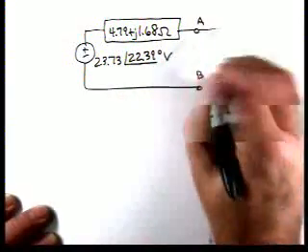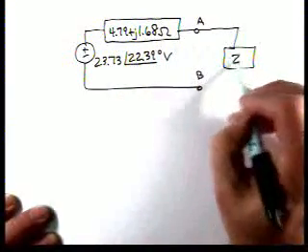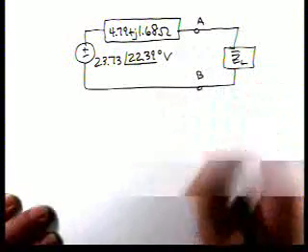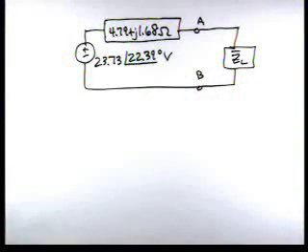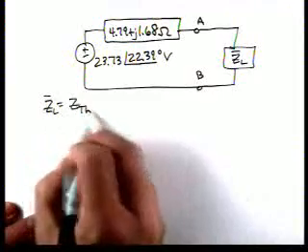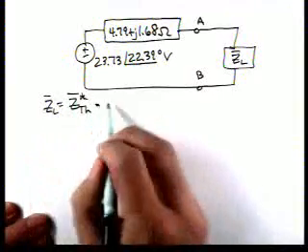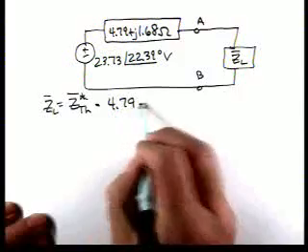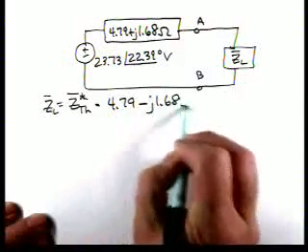And now we're going to hook up ZL. If you look back at our problem solving strategy, it says ZL should be equal to Z Thevenin conjugate. So it should be 4.79 minus j1.68.